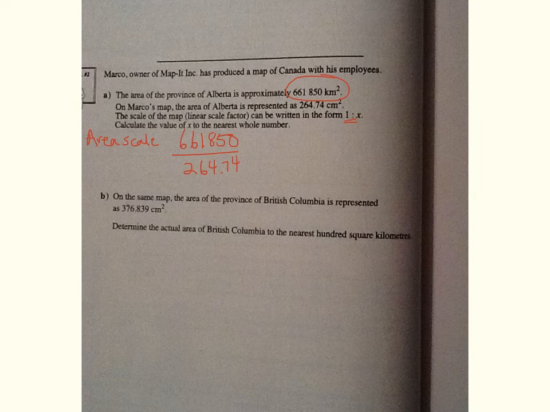And if we do this, you actually get a scale factor of 2500. That's the area scale factor. Now we need to take the square root of this to figure out the linear scale factor, and it will be 50. So the linear scale factor is 1 to 50. So for every 1 centimeter on the map, it actually equals 50 kilometers.